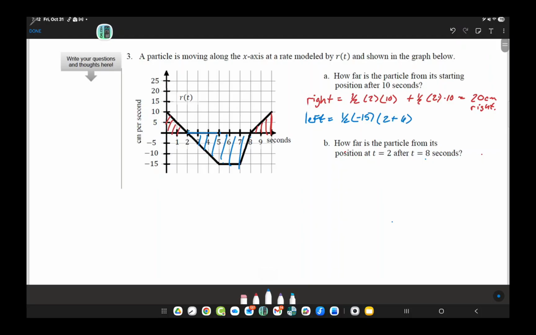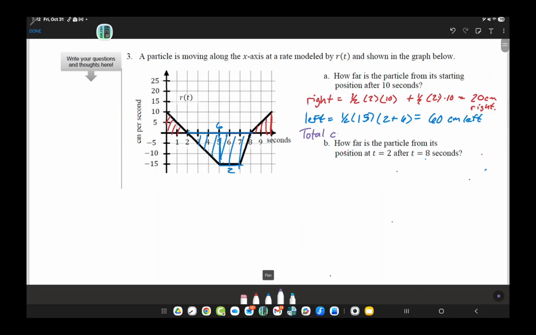This right here is 6 and this right here is 2, height is 15. Now again, you don't have to do negative 15 because we know we're moving to the left. We can just say it's a 15. So 1/2 of 15 times 2 plus 6 is 1/2 of 15 times 8, which is 15 times 4, which is 60 centimeters left.